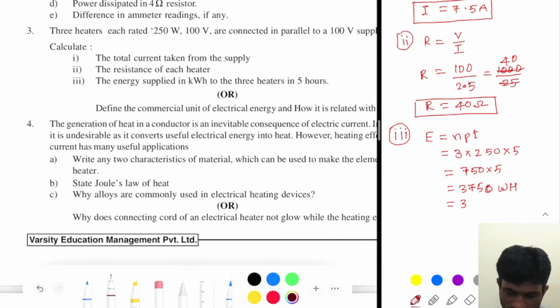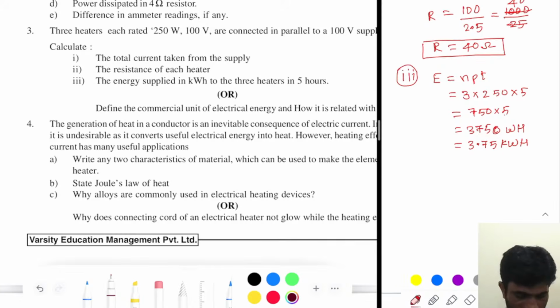It is 3.75 kilowatt hours. 3750 watt hours, watt hours only we can say, not joules. But when you want kilowatt hours, it is 3.75 kilowatt hours. We are converting that into kilo. So it is going to be 3.75 kilowatt hours.